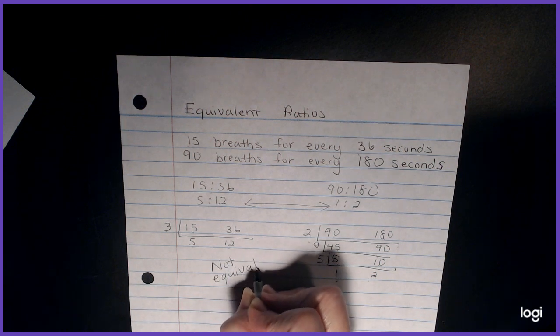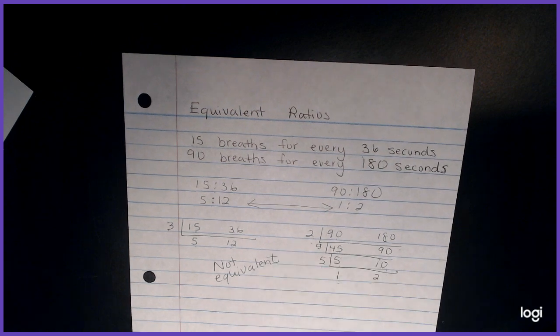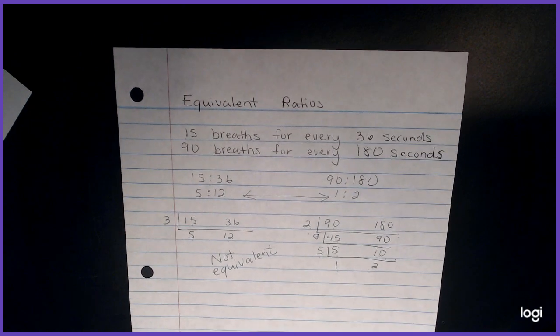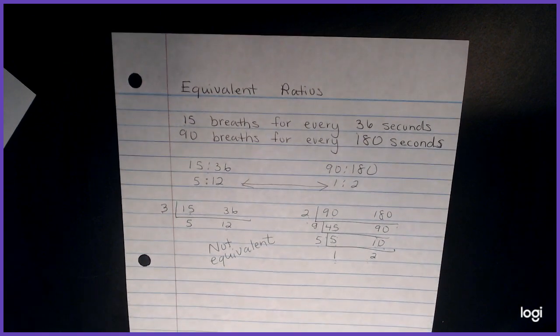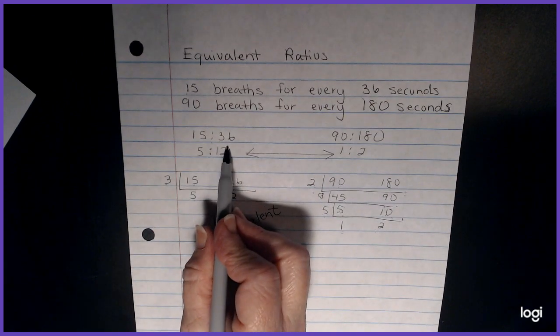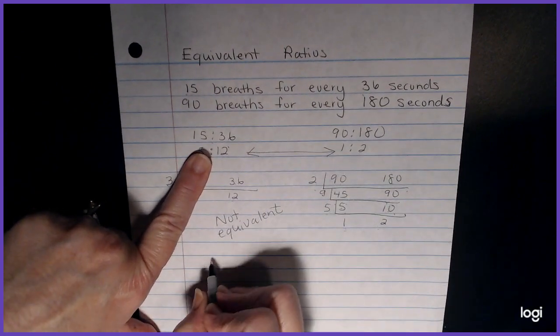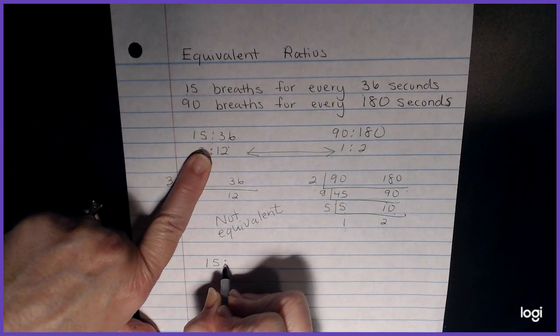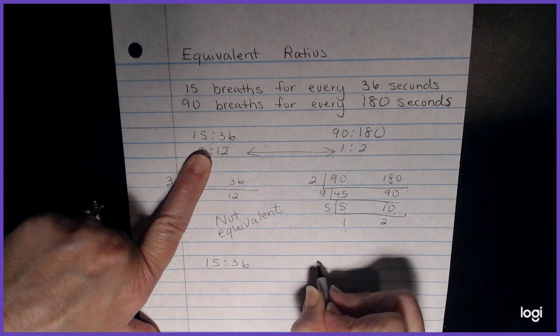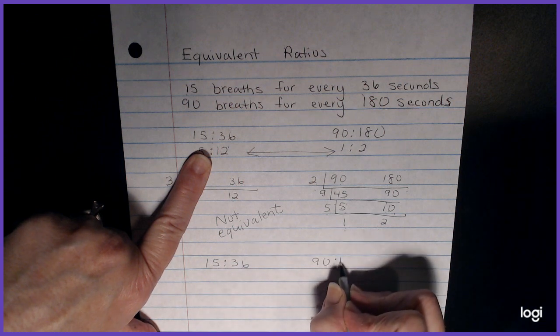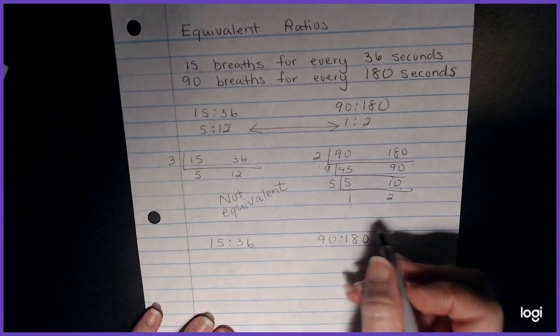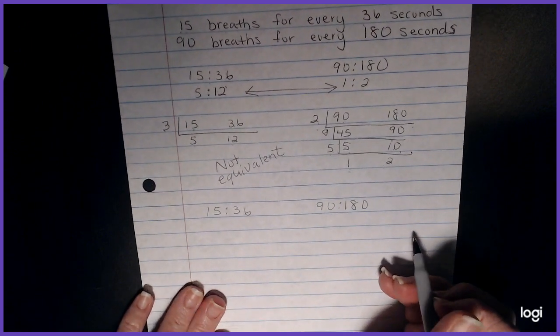Now, I would write this like this on my paper. Some of you might have actually noticed that if you looked at these ratios that we started with up here, 15 to 36 and 90 to 180, some of you might have actually tried to find out if they're equivalent by doing something like this.